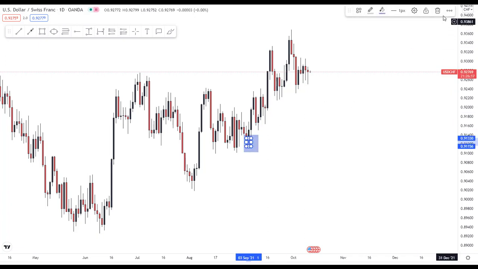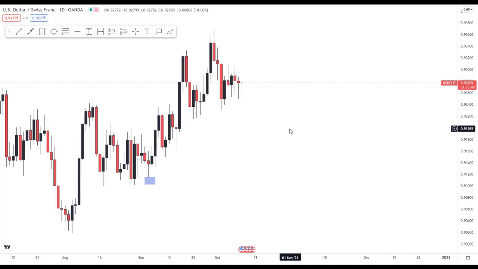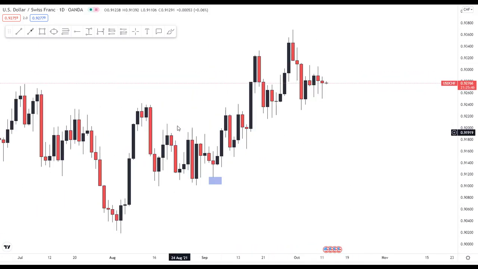So basically, I'm pointing out what I consider to be some of the examples right here. You've got an example like this one. We had price trading higher, giving us higher lows. As you can see, this low failed to take out this low. We were in a bullish marketplace right here.